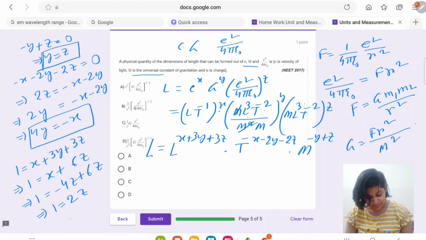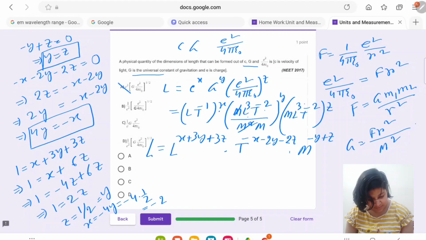So z is equal to half, which is same as y, and x is equal to minus 4y or minus 4 into half, which is minus 2. So finally this becomes c to the power minus 2.